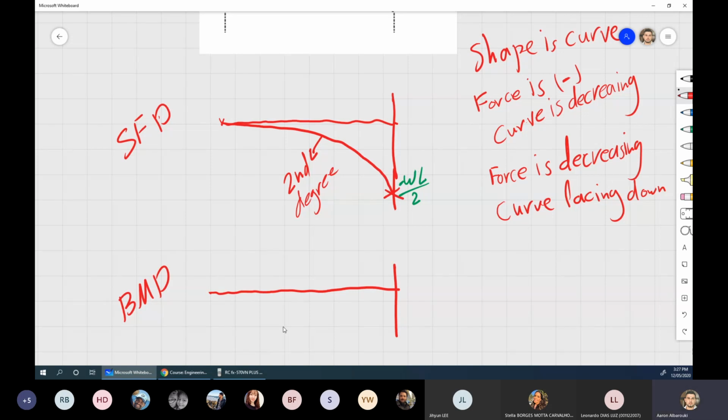And you may ask, how is it different? I don't really care. I don't want you to worry, as long as you know it's a second degree or third degree curve. What we need to know here is the second question. What would be next after we know the shape? If it's decreasing or increasing. So how would we know that?